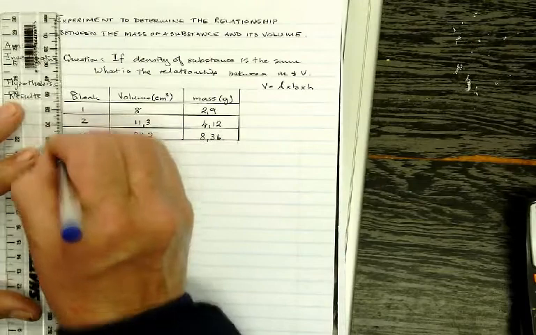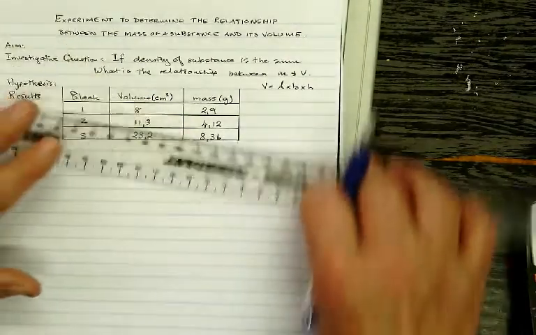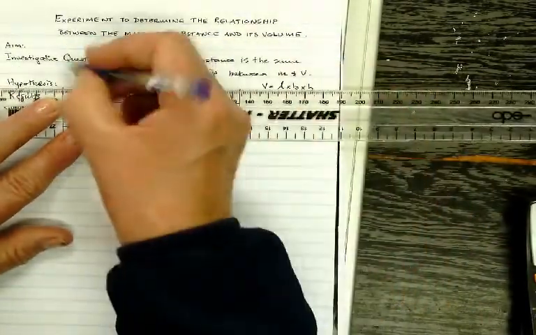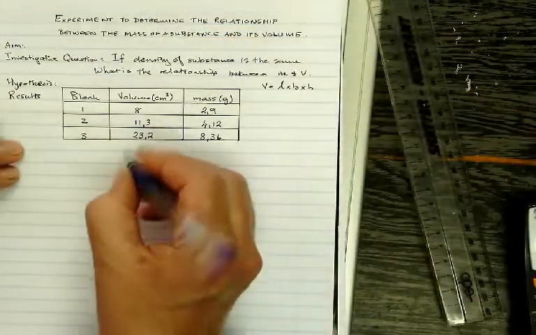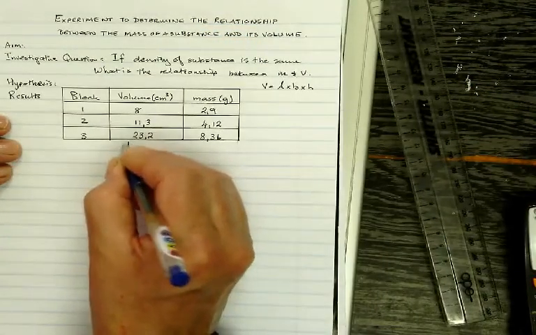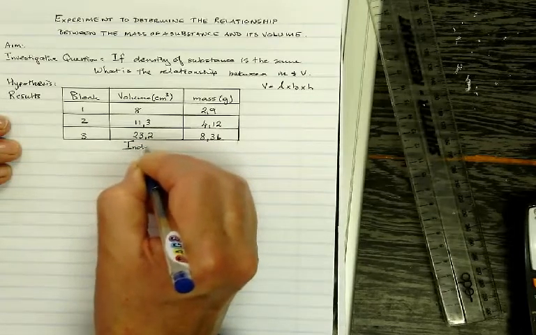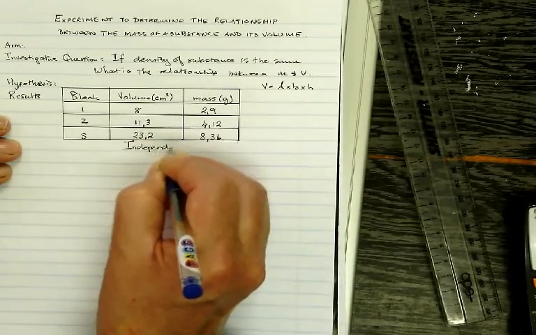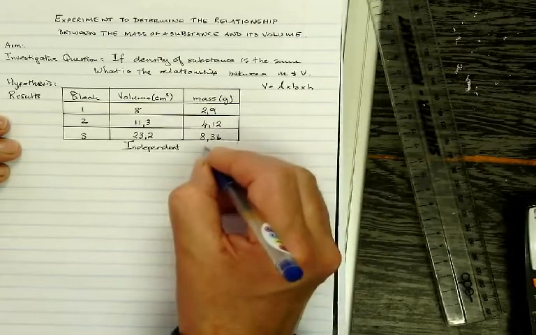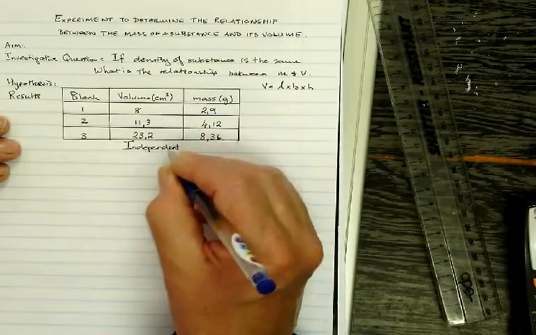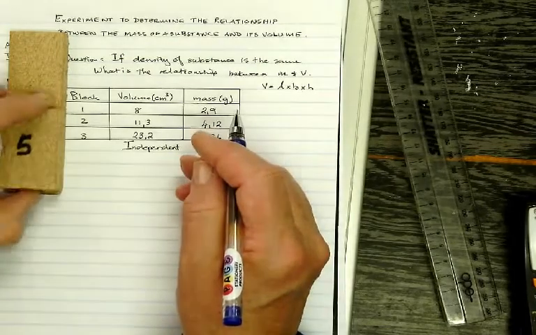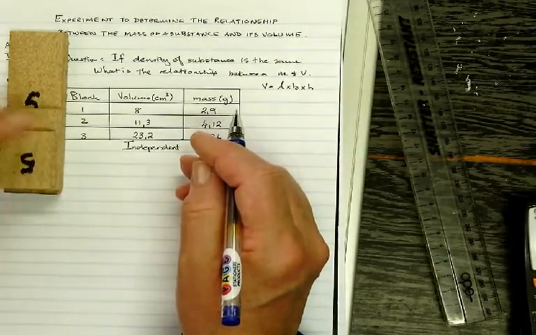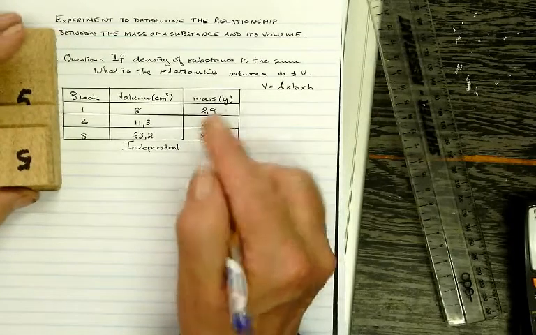The independent variable in our case will be the volume, while the mass depends on the volume. We decided what the volume of the 3 blocks would be, and we measured the mass.